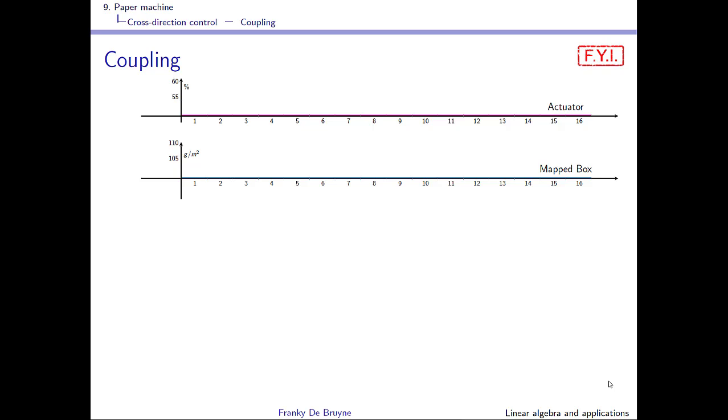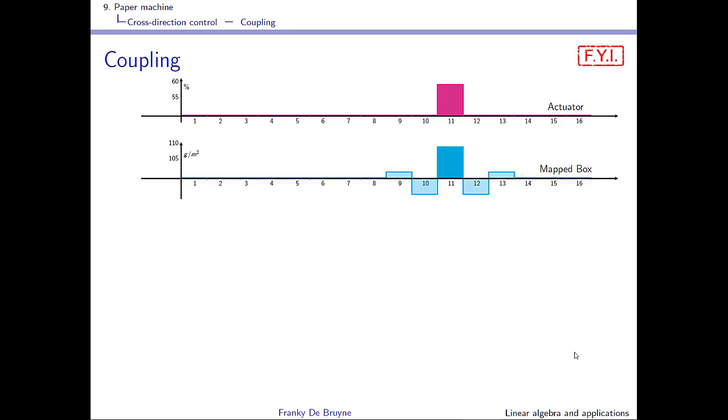Since all actuators are at 50%, you expect a flat mapped profile. For the sake of the argument, all mapped boxes are at 100 grams per square meter. Of course, in reality there will be some variation, and you'll have to take that into account.